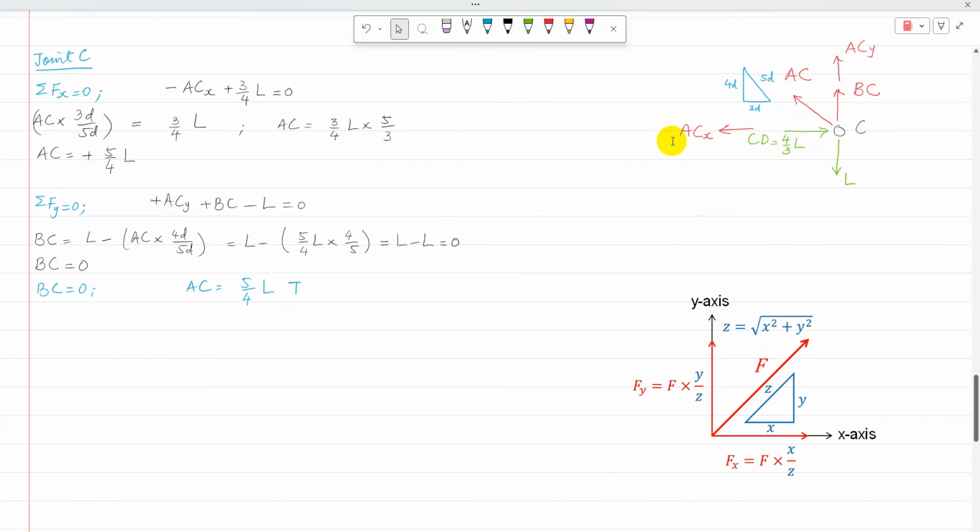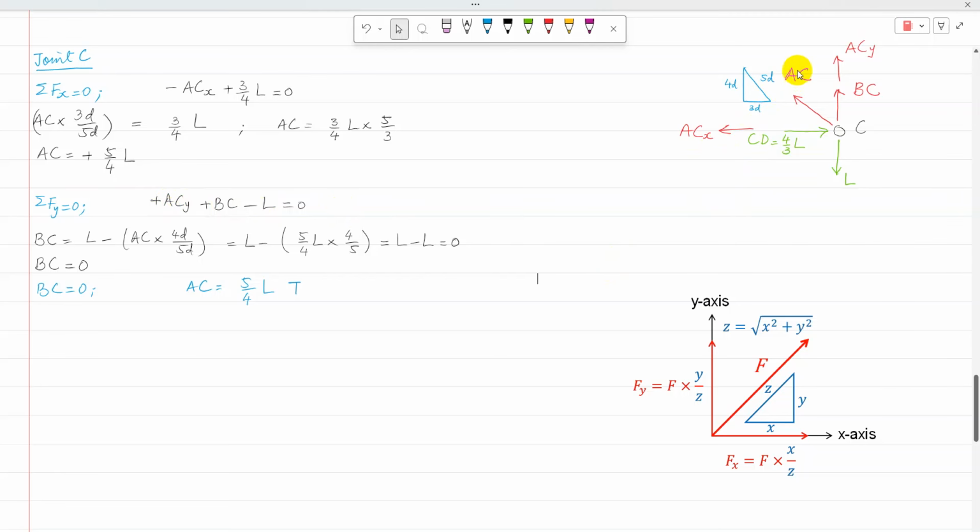So once AC is calculated, I'm going to apply sigma Fy equal to 0. For sigma Fy, it is ACY and BCY, both acting vertically upward. So both are positive, and then a load is acting vertically downward. So ACY plus BC minus L equal to 0. So then I need to find BC, which is equal to L minus ACY.